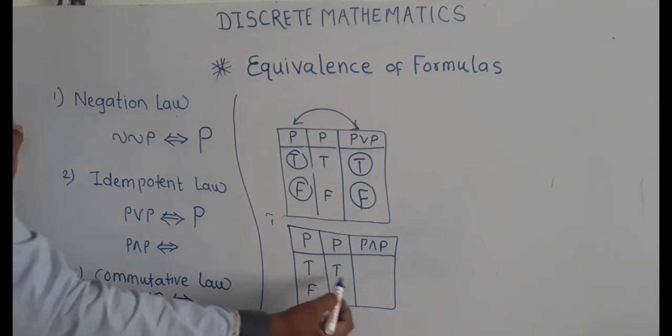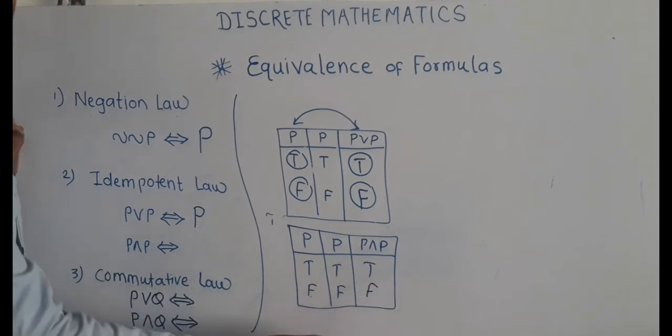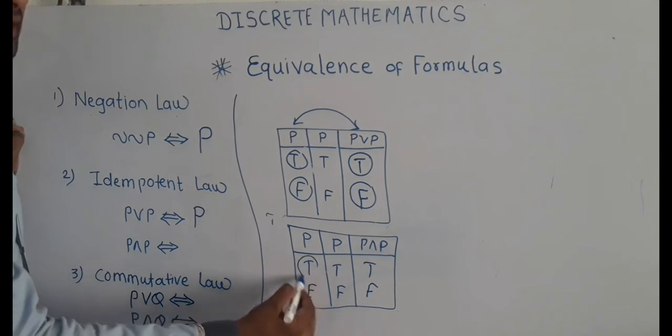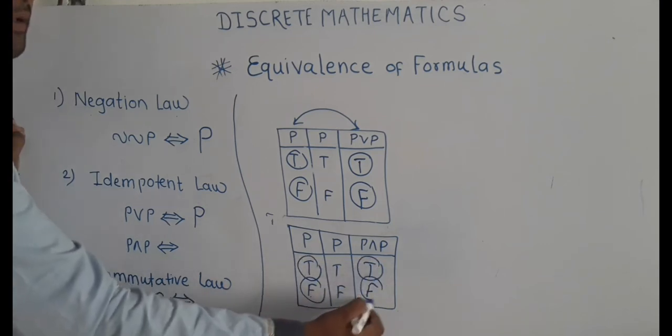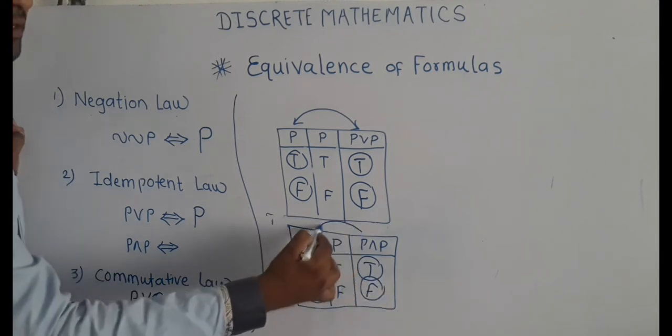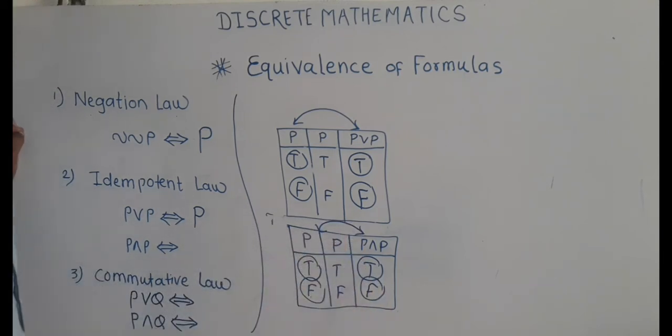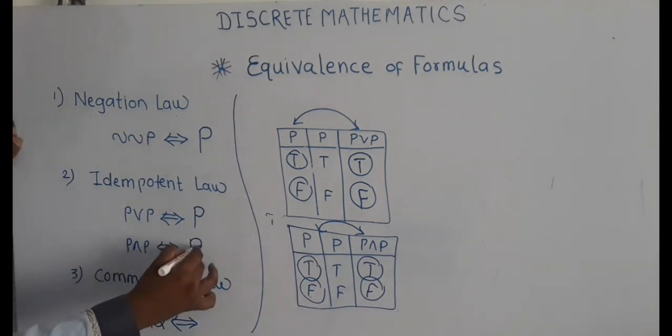That's why T and T is T, and F and F is F. From that we can observe that if P is true, P and P is true. If P is false, P and P is false. That means we can write that P and P is logically equivalent to P.